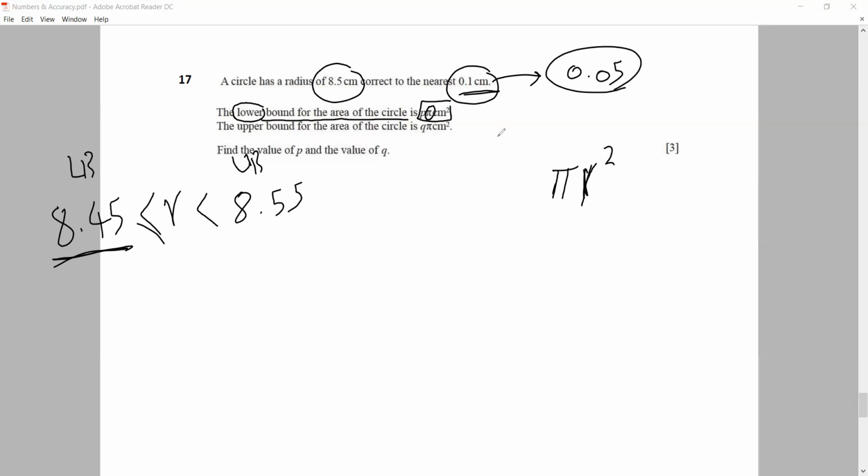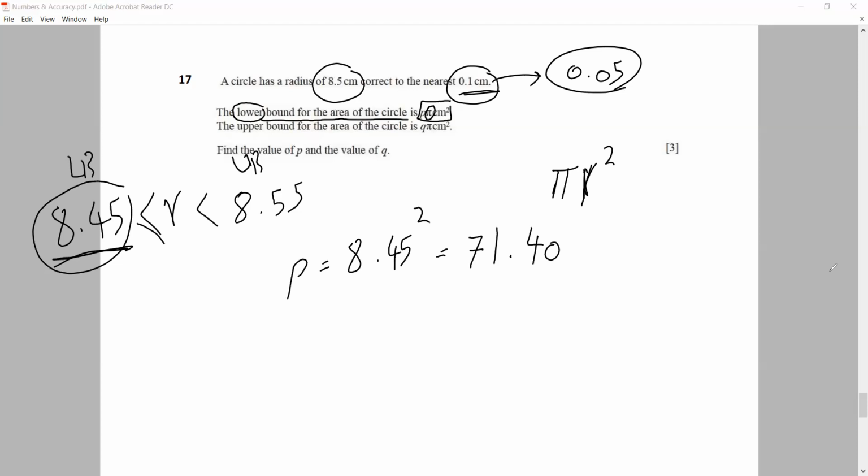So P is basically R times R, but with the lower bound. So I'm going to multiply 8.45 by itself, raised to the power of 2. And the answer is 71.4.